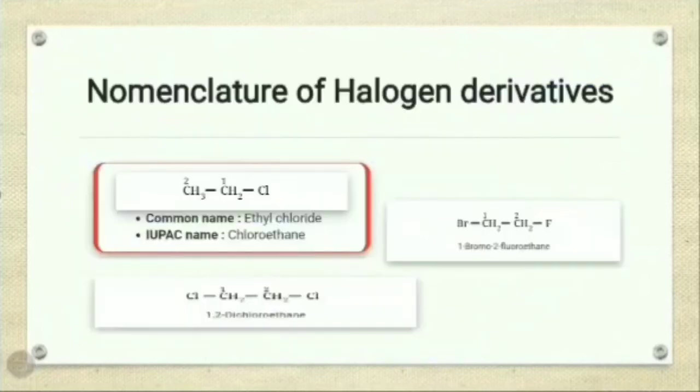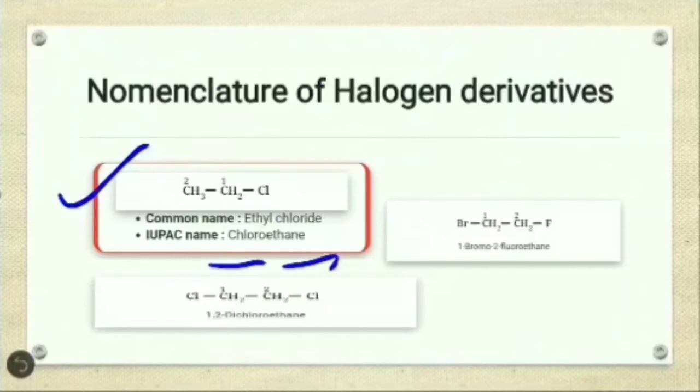Nomenclature of halogen derivatives. The common names of alkyl halides are derived by naming the alkyl group, followed by the name of the halogen as halide. For example, ethyl chloride. According to the IUPAC system of nomenclature, alkyl halides are named as haloalkanes, that is chloroethane.